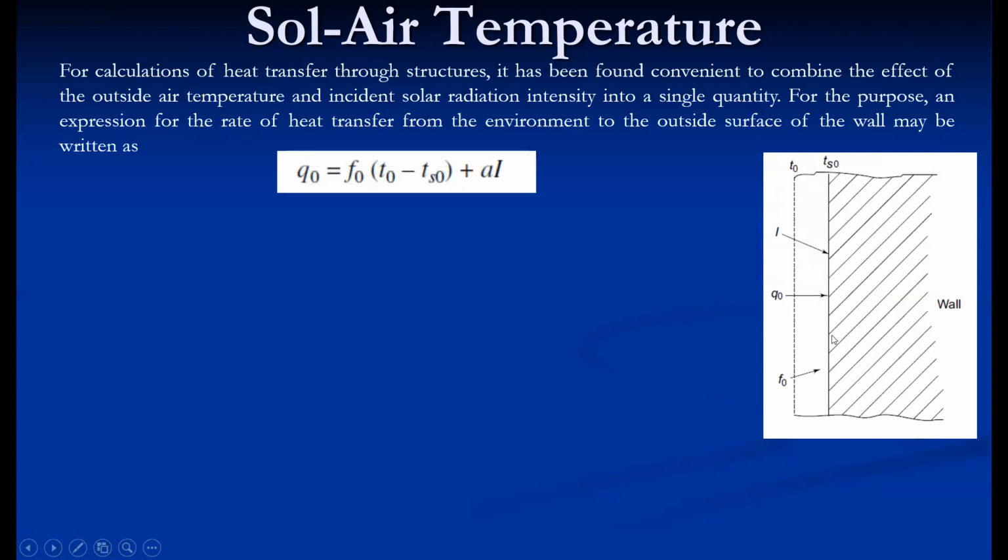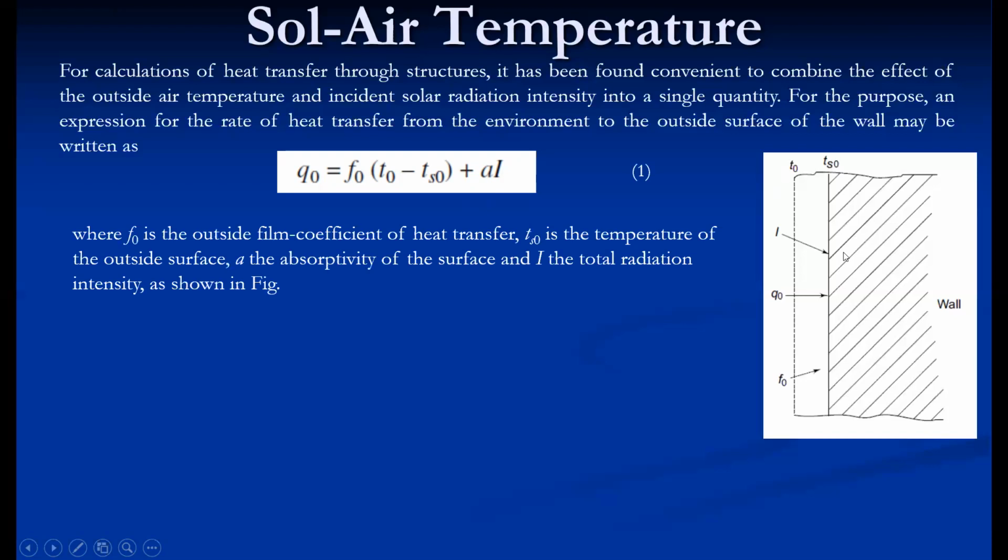So the heat transfer to the outside surface is given by the expression: heat convected in, fO into (TO minus TSO), in which case obviously the air temperature is greater than the surface temperature, plus the radiation absorbed by the surface. This is a solid surface, so the radiation absorbed by the surface is absorptivity into I. So this is the heat transfer to the outside surface. Call this equation number 1.